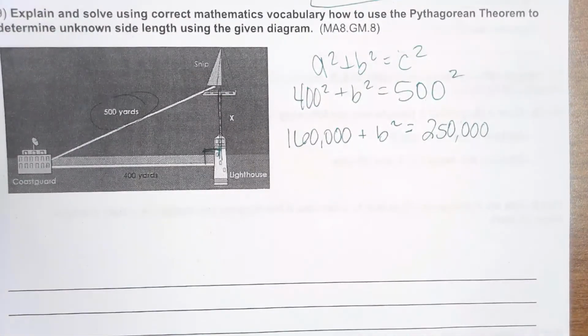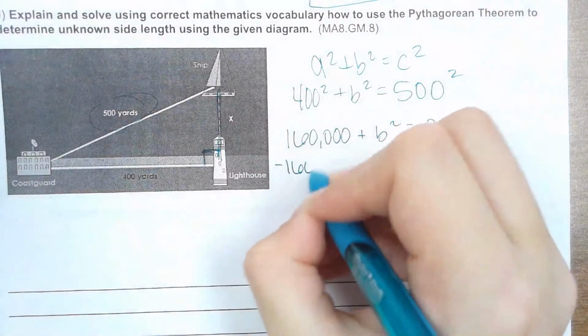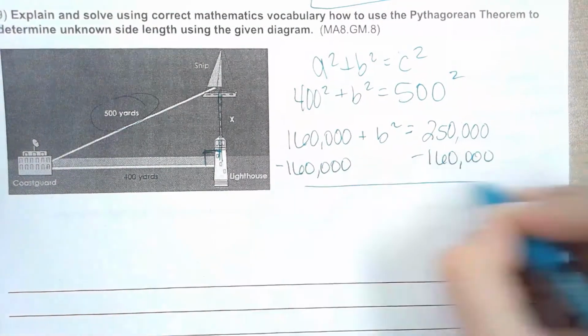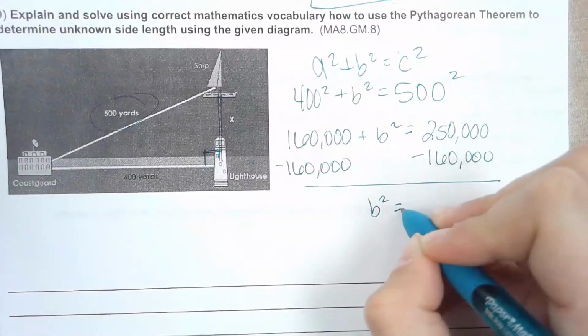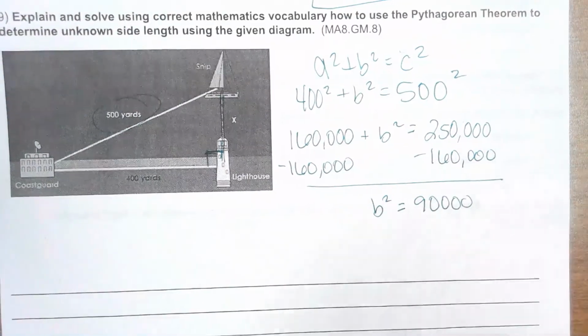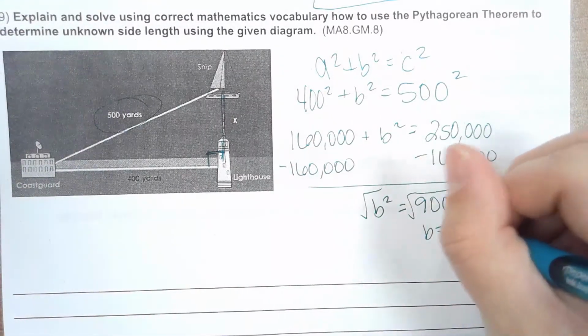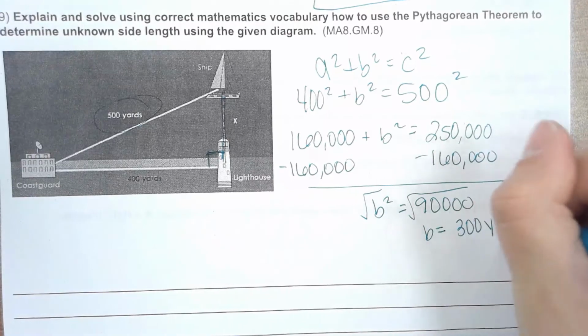And if I want to get b squared by itself, I'll subtract that 160,000 from both sides. That leaves us with b squared equals 90,000. And then to get b by itself, just square root, and we get b equals 300 yards.